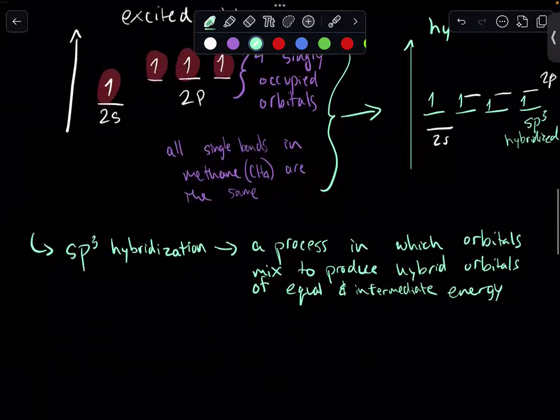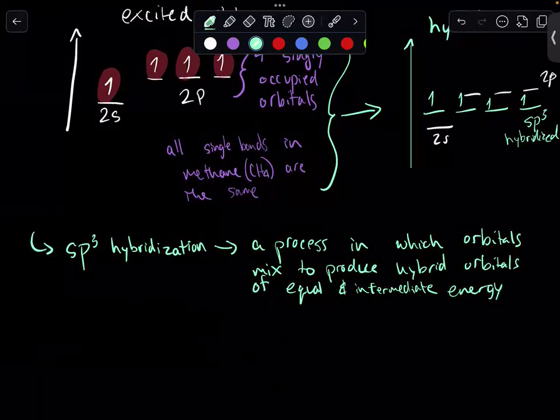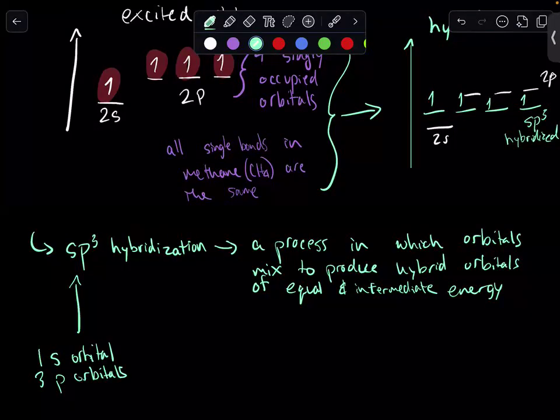This is very similar to when we talked about hybrid resonance structures having intermediate properties like bond length and bond strength. These orbitals have intermediate properties of the s and p. Now we call it sp3 because we use one s orbital and three p orbitals. Not the 1s, but specifically one singular s orbital and three triplicate p orbitals. So this is why we call it sp3.